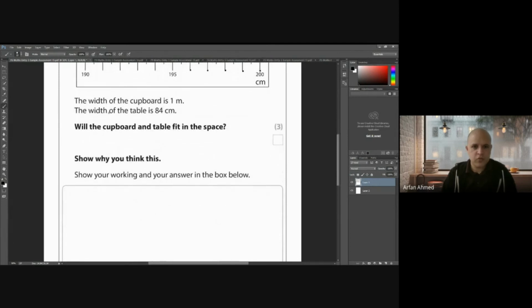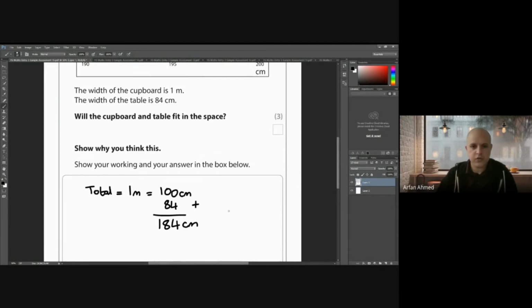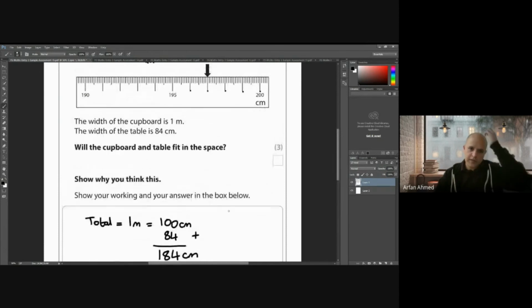We need to work out the total. So the total is 1 meter, which equals 100 centimeters. Again, you need to know that 1 meter is equal to 100 centimeters. That's essential. Plus 84, which should give you 184 centimeters for your cupboard and table together.